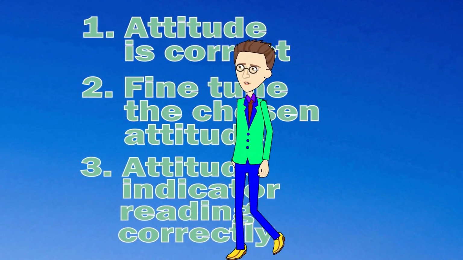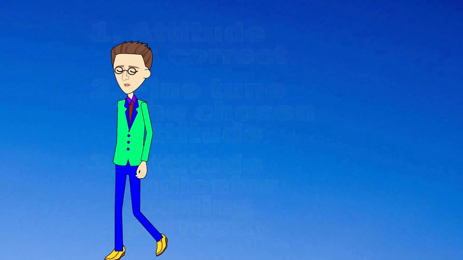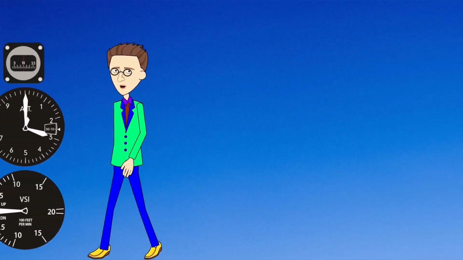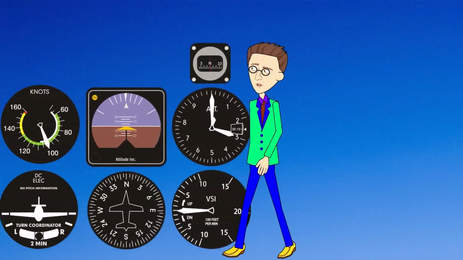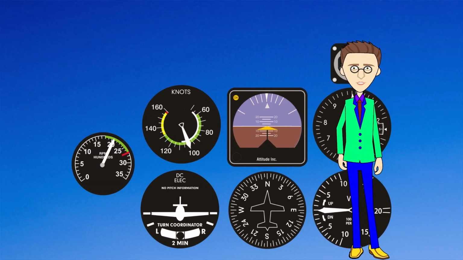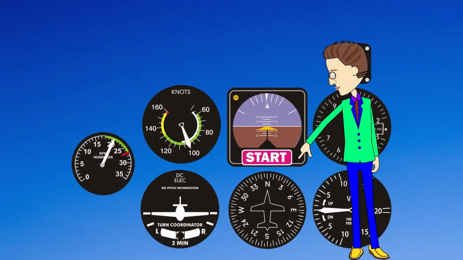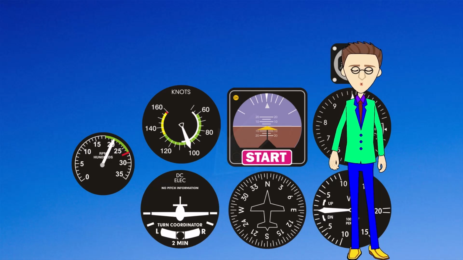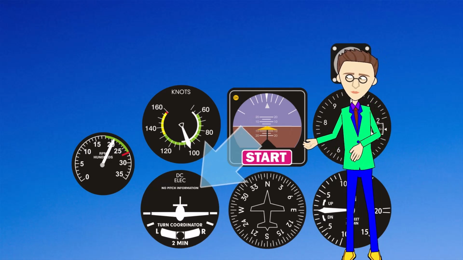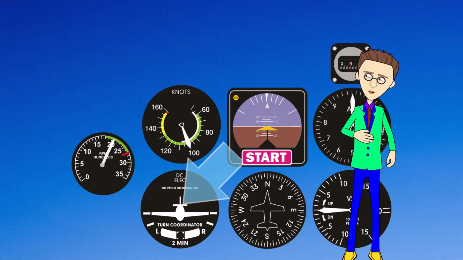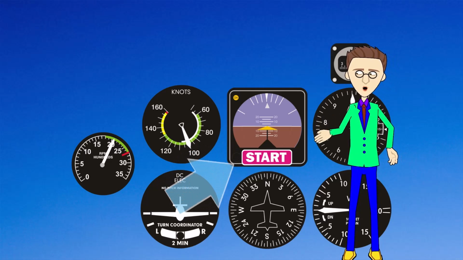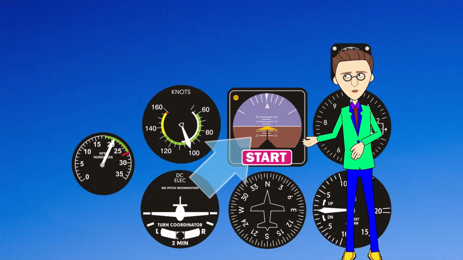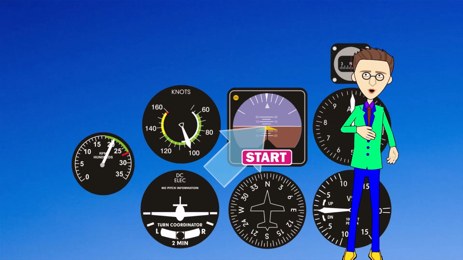Now, to radial scan means to begin the scan at the attitude indicator. And I've made this easier to remember by placing the word start under the attitude indicator. You should then move to the appropriate primary instrument, extract information from it, return to the attitude indicator, and make a correction in attitude if necessary.